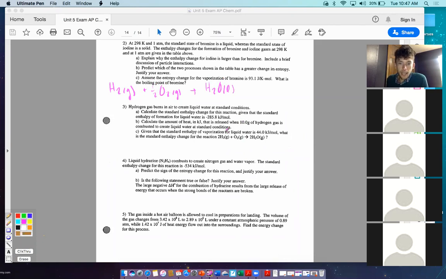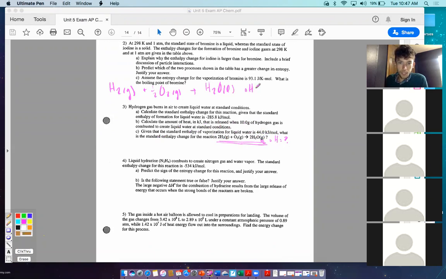And they tell me that whenever this reaction occurs, but instead releasing gaseous water, I want to know what the enthalpy change for that reaction is. And they tell me that the enthalpy change for vaporizing liquid water is 44 kilojoules per mole.